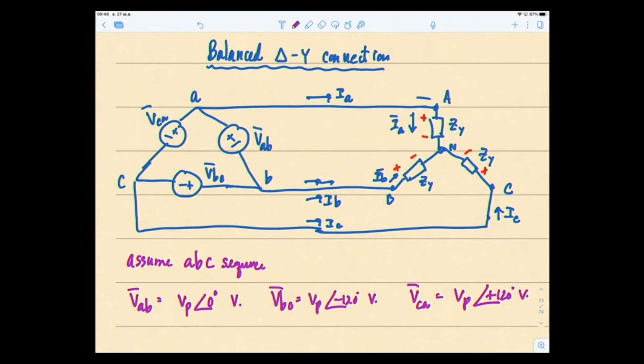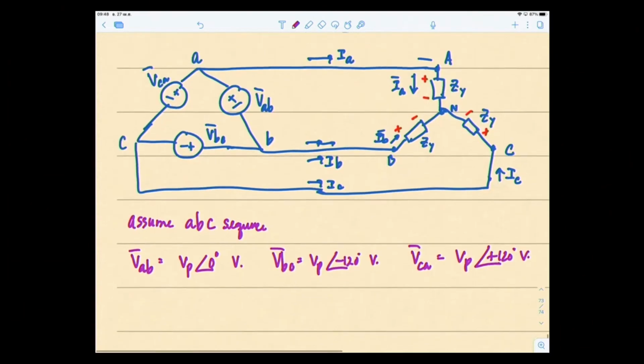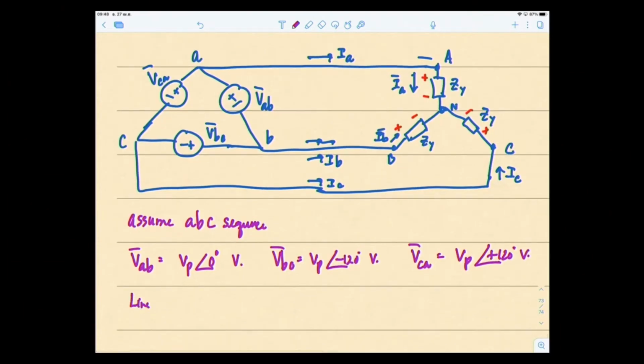Then what about the line voltage? Line voltage is the voltage between lines. So this line A and line B, let's write it down, VAB. If we look at it, you see that this point is the same as this point.